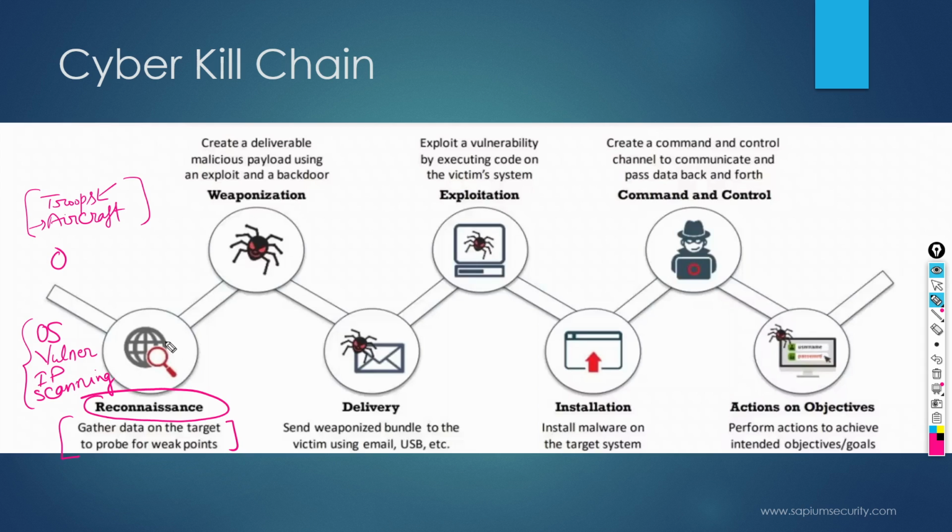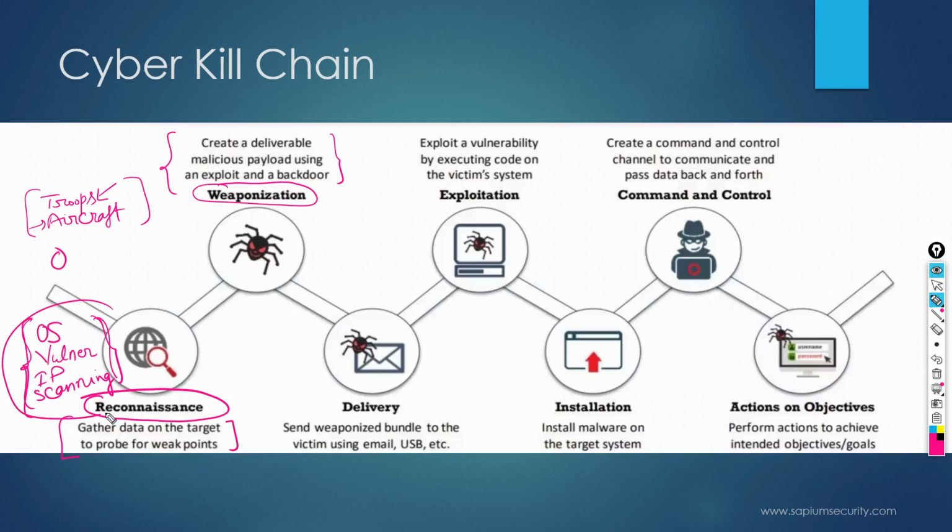Okay. Next, once we have collected this information and know our target very well, the next thing is weaponization. Weaponization means creating a deliverable malicious payload using an exploit and a backdoor. Now it's the job of the hacker to develop malicious code according to the information we have collected.